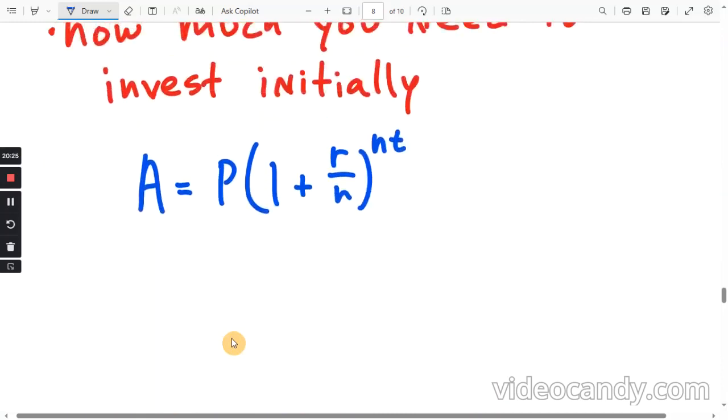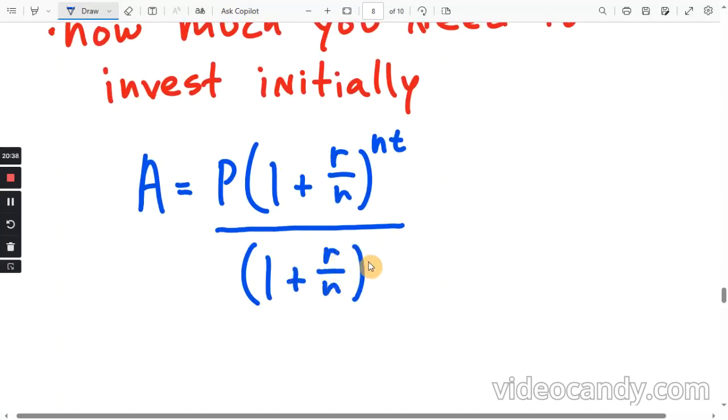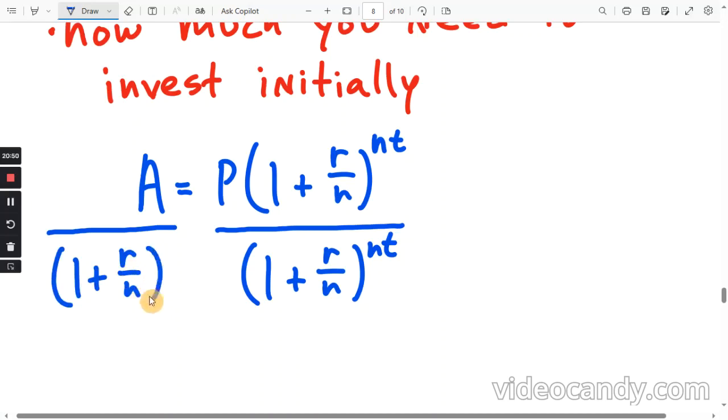If I wanted the parentheses to cancel, I would divide by (1 plus r over n) to the power of nt on both sides. I'm just doing algebra here, dividing both sides by the same number.